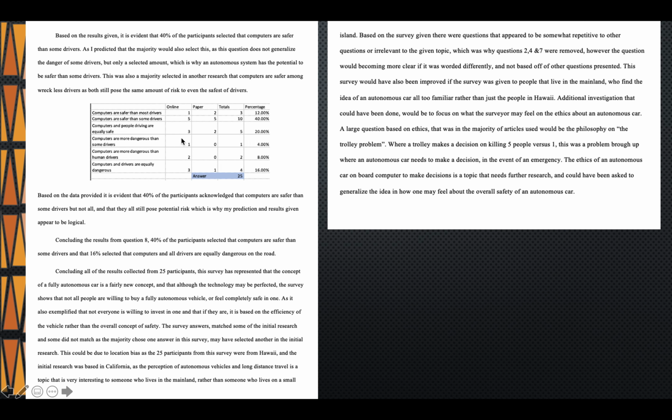And make sure to add your Excel sheets and graphs, and this is the concluding paragraph for your entire research, basically saying out of your 25 participants, the decisions that each one of your participants made and what I could have done differently.